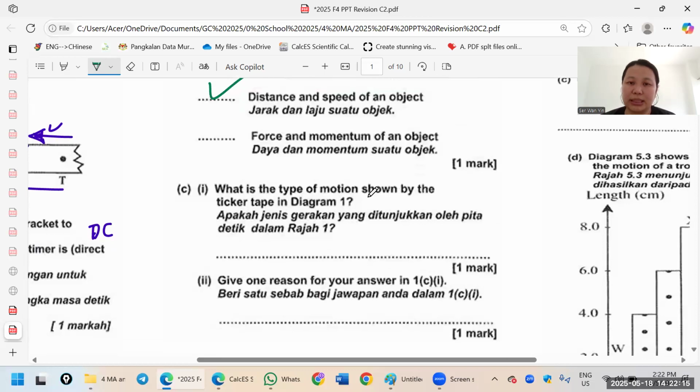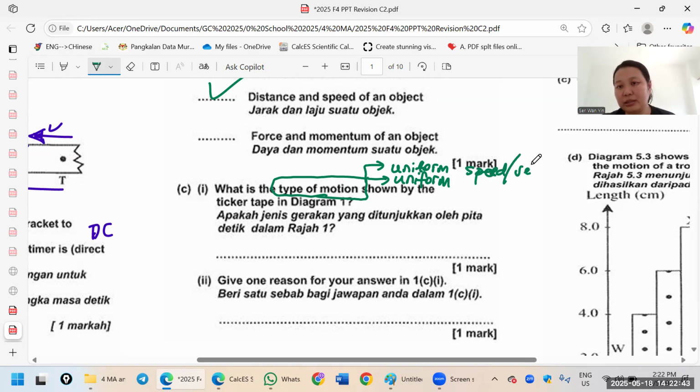Okay, so now what is the type of motion? Remember this when they ask for type of motion. Normally you get 2 answers. Number 1, both are uniform. You can say uniform or you can say constant. Uniform speed or velocity, then uniform acceleration.